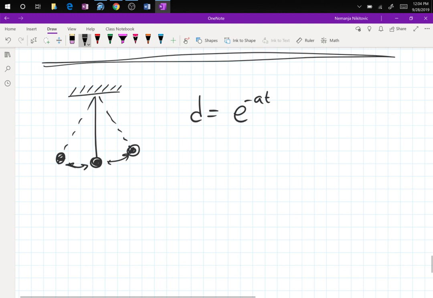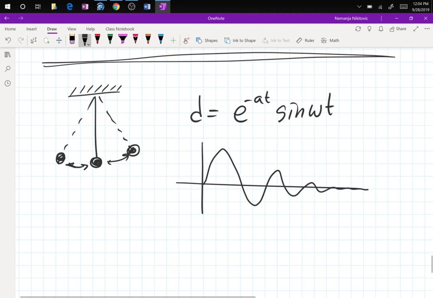There it is. So now we have our sine omega t, and we are going to have our graph. And that's going to be our distance in time, and we're going to draw our exponential, can draw from both ends, obviously, and you will have the distance.